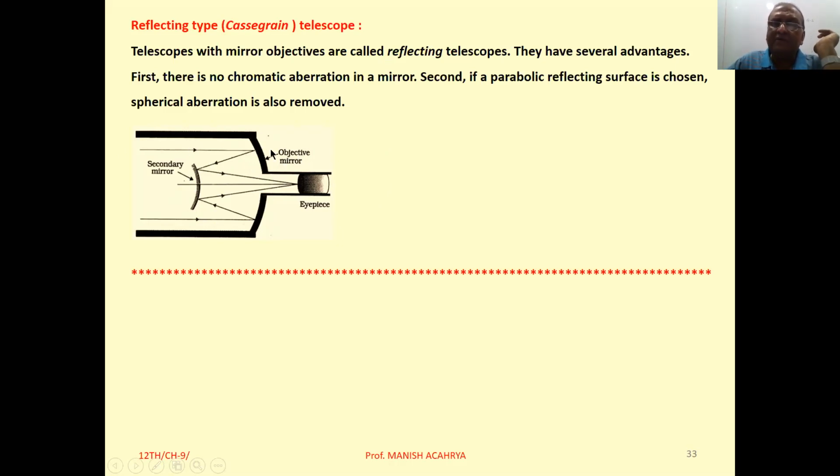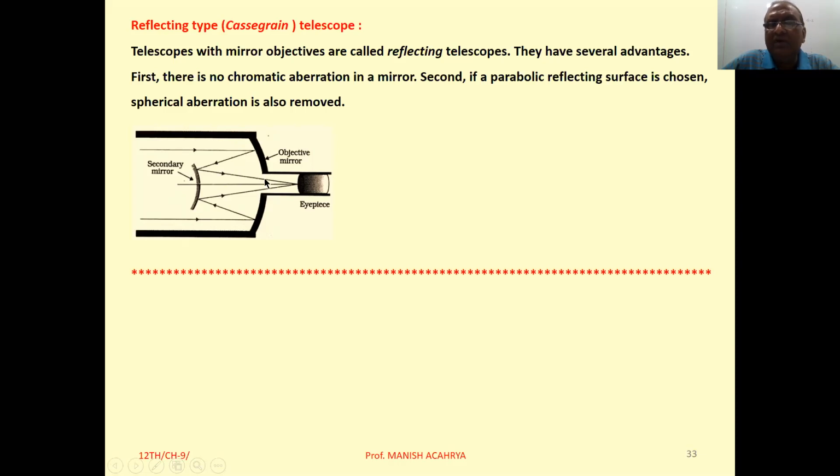Rays from the distant object are incident on the objective mirror, that is the concave mirror. Then after reflection, they are incident on the secondary mirror, which is a convex mirror. And there is a small hole at the center of the objective mirror.